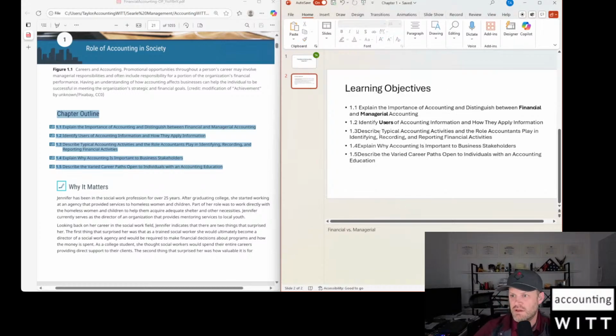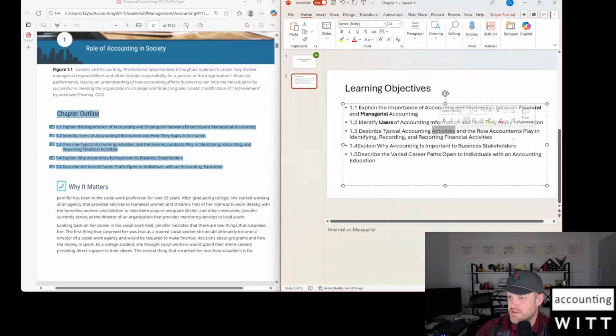Then describe typical accounting activities and the role accountants play in identifying, recording, and reporting financial activities. Explain why accounting is important to business stakeholders. So I'm wondering, who are the users of accounting separate from business stakeholders? It's one question that comes to mind.